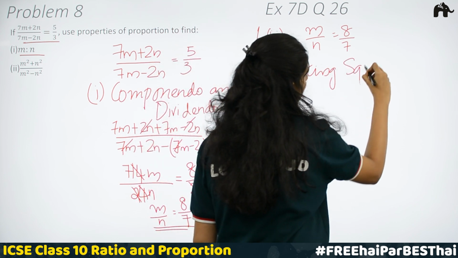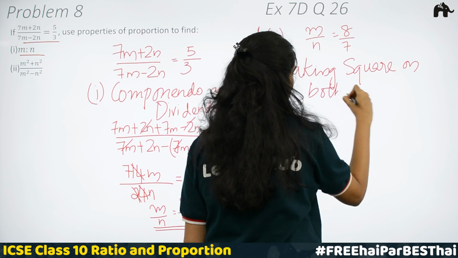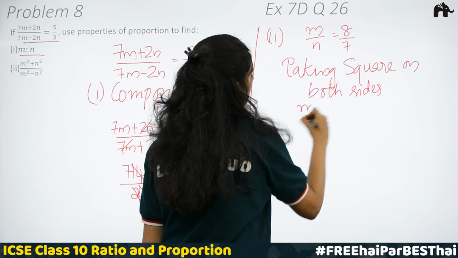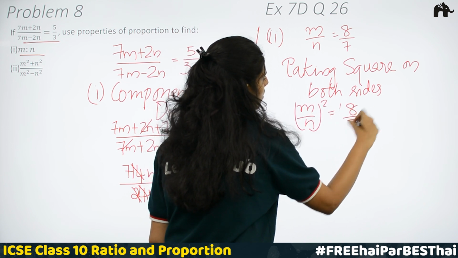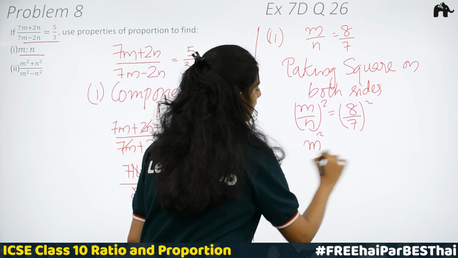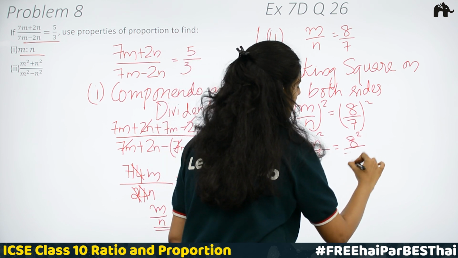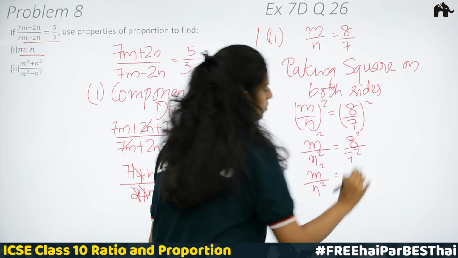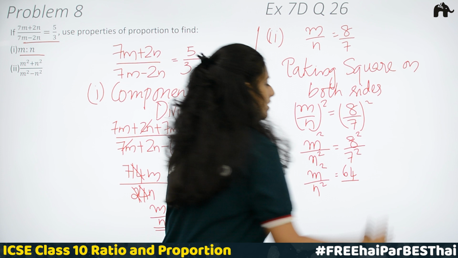Taking square on both sides, we get m by n whole square is equal to 8 by 7 whole square. That is, m square divided by n square is equal to 8 square by 7 square. M square by n square is equal to, what is 8 square? 64 divided by 7 square, 49.